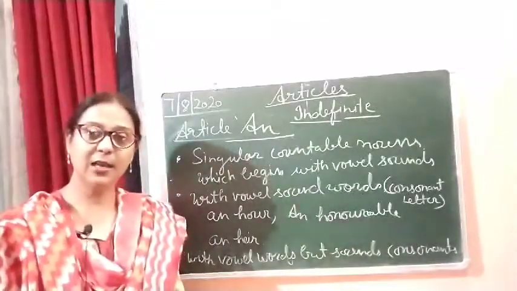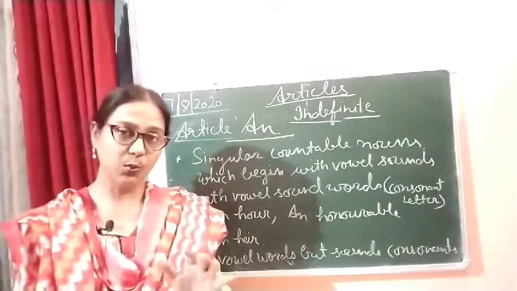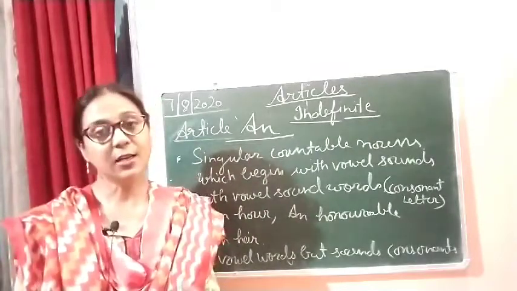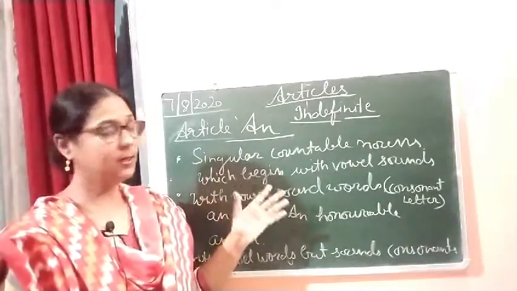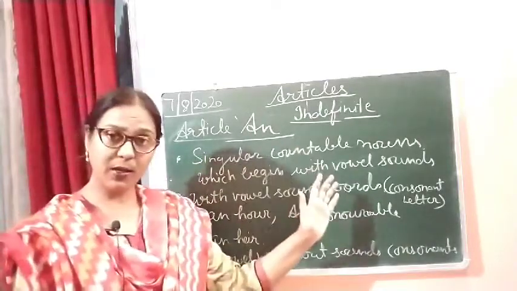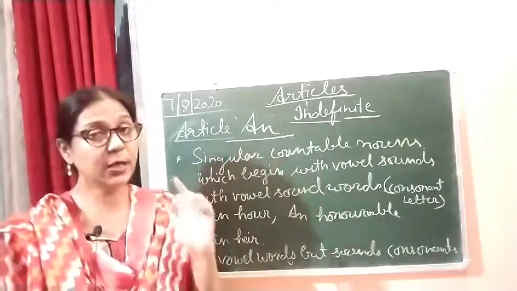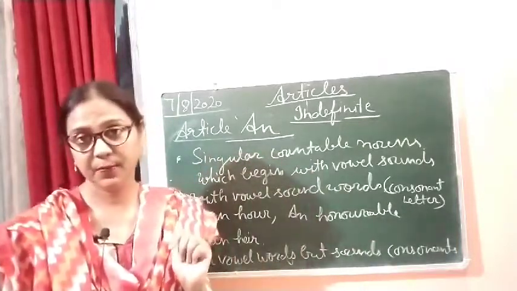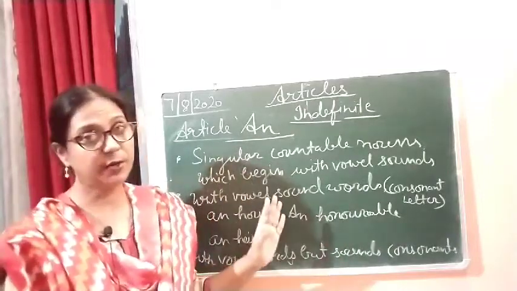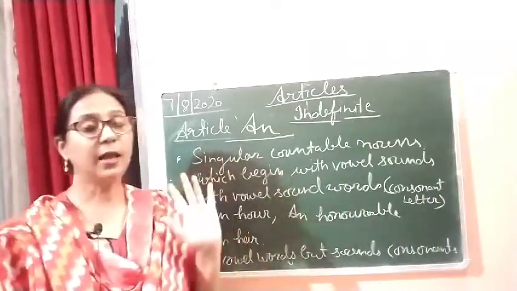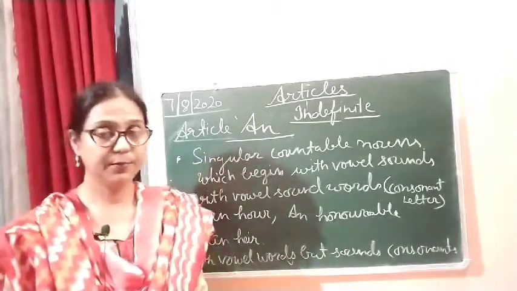Now, the article an. Everybody knows that we place an before singular countable nouns. We always have to keep this in mind because a and an are both indefinite and used before singular countable nouns.